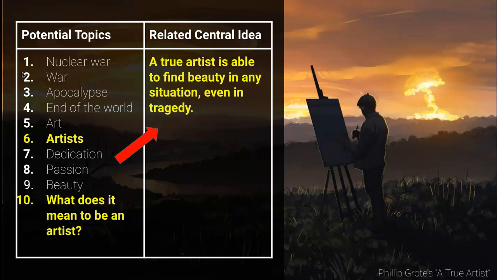I could apply that to this picture, or I could apply it to other pictures that have the same central idea. Now, if I said a boy painting is able to find beauty in any situation, even in tragedy, that is not general, right? It's too specific to the picture. The writer, or the artist, is trying to communicate a general truth about art.